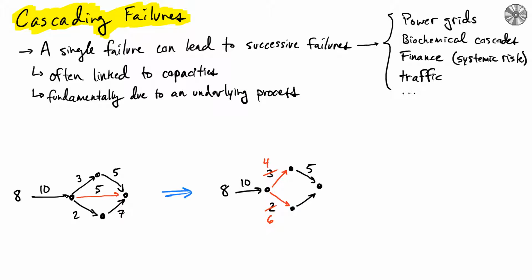So for example, in this example here, we have 8 units, say, of power that's going to be distributed through a power grid, and certainly this edge here can contain all 8 units. Then those 8 units need to split between these 3 edge weights.